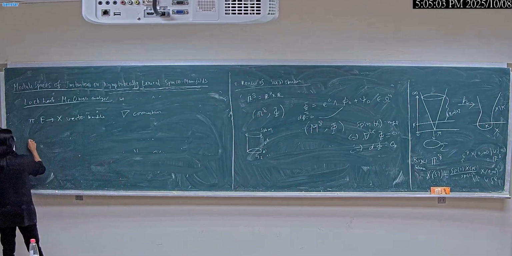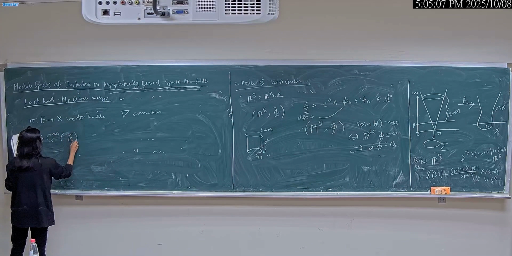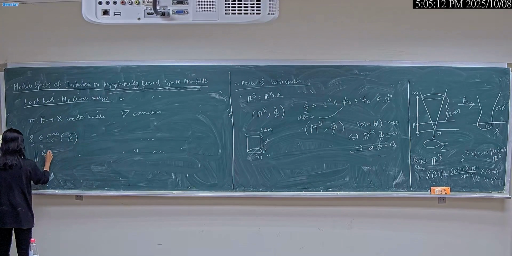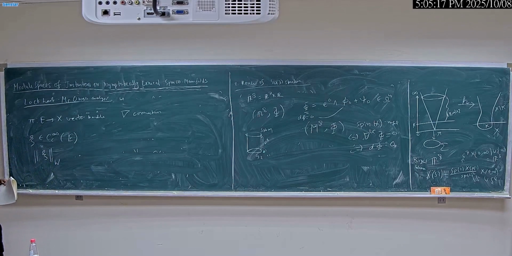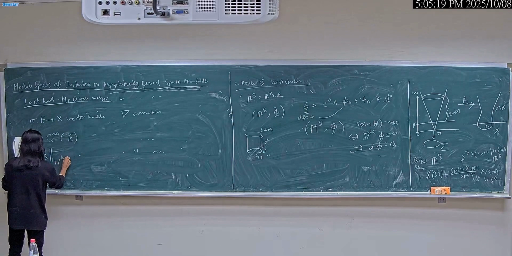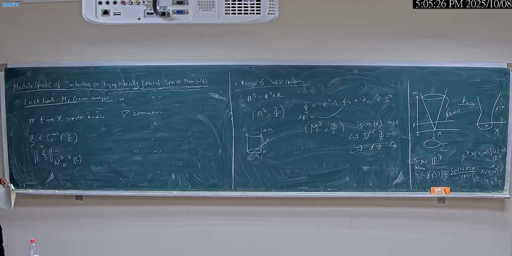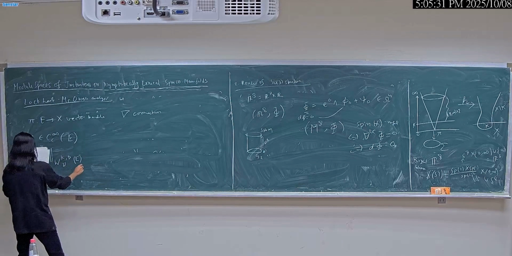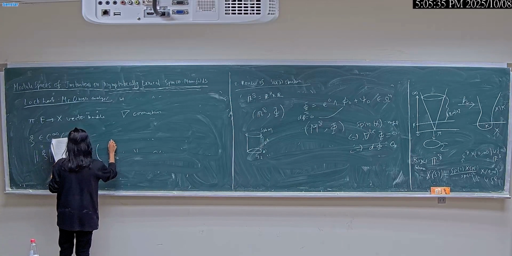Now, suppose you have a compactly supported smooth section of your bundle. You need to define a Sobolev norm. So I'm going to define the Sobolev norm of this section as W^{k,p}_ν(E), equal to the summation over j equals 0 to k of the integral of ρ to the power (−ν + j) times the norm of ∇^j s to the power p, times ρ^{−8} d(vol), the whole to the power 1/p. See, I told you the ν, the rate, will come in handy.